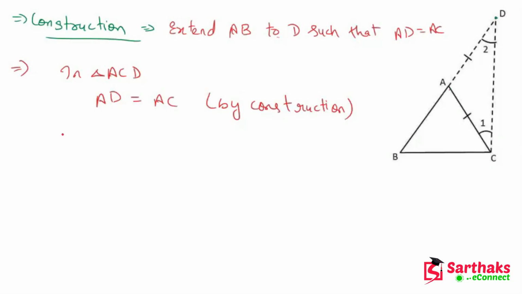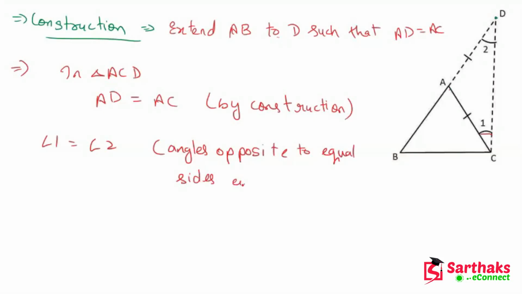So we can say that angle 1 is equal to angle 2 by the theorem, because we know that angles opposite to equal sides are equal. I hope you get this point. So angle 1 is equal to angle 2.